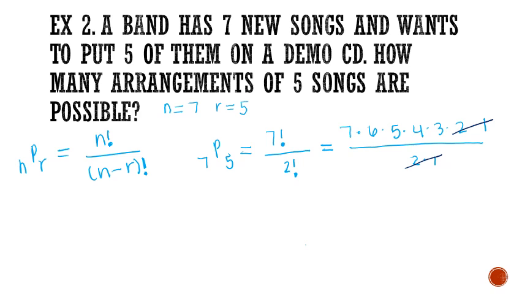And then I just have to find what 7 times 6 times 5 times 4 times 3 is, and you would be using a calculator for that. So that is going to give you 2,520 permutations or arrangements. And then when you do get into Algebra 2, we will teach you how to plug this into your calculator, but if you did want to look that up, you can.